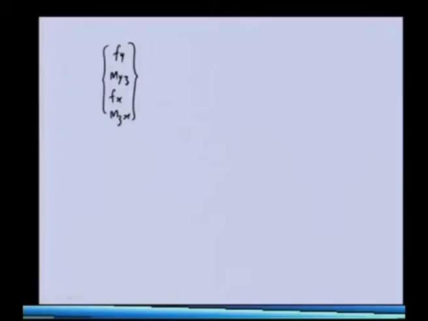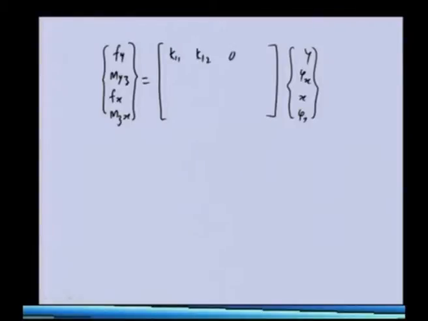I am combining the two in one, and here we have displacements. So, here we will be having k 1 1, k 1 2, 0 0, k 2 1, k 2 2, 0 0, 0 0, k 1 1, k 1 2, k 2 1, k 2 2.